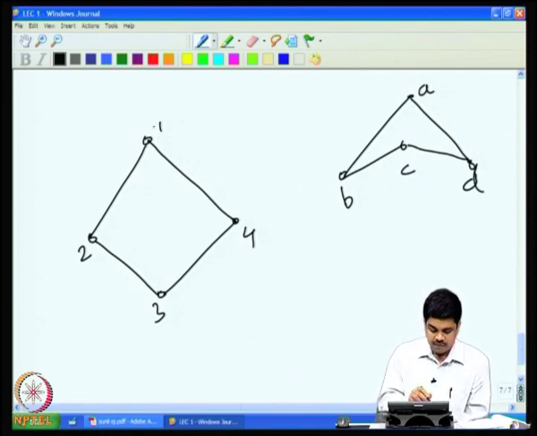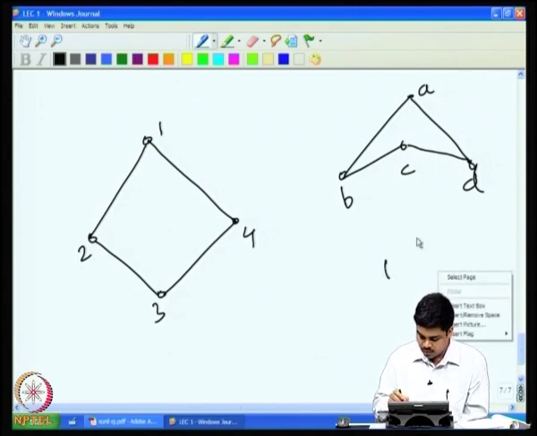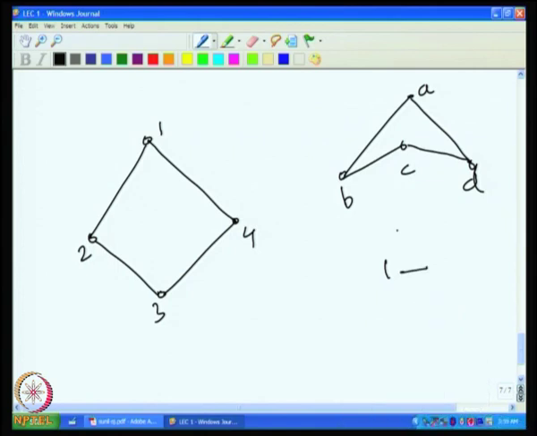The function f will map 1 to a, 2 to b, 3 to c, and 4 to d. This is the function f.